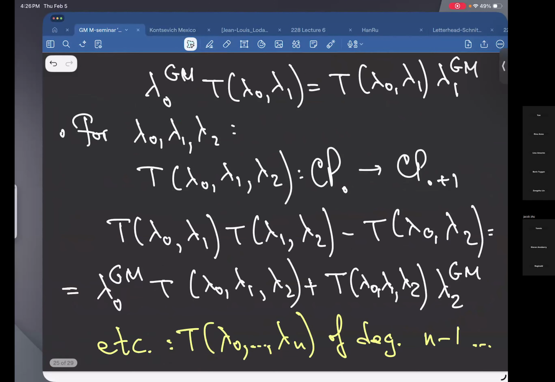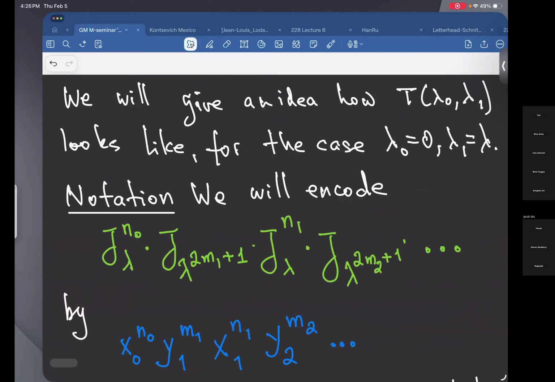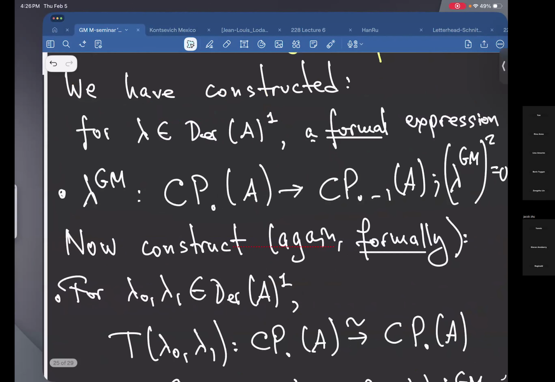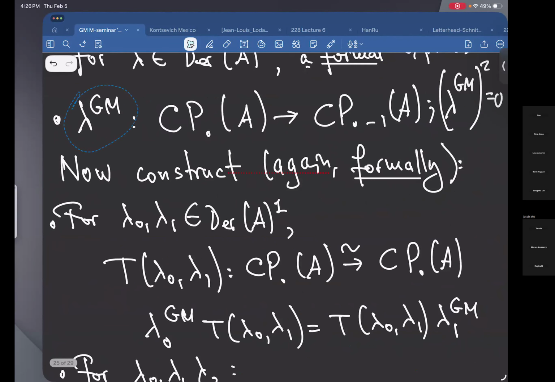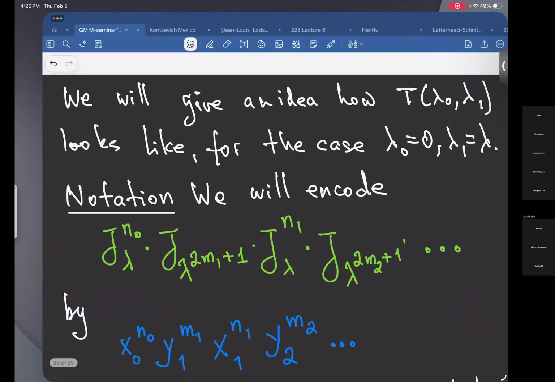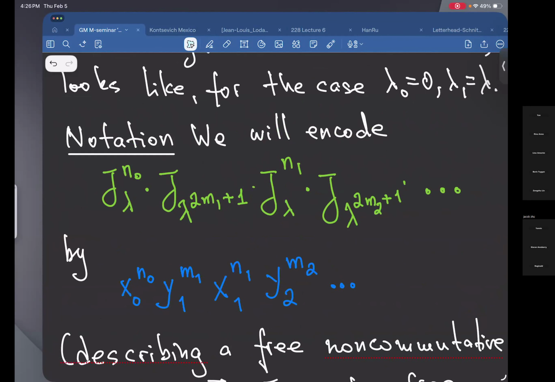So I would like at least to mention that those things, lambda gn and t lambda 0, lambda 1, they are given by formulas. And we have seen when we look at explicit formulas, then again, I would be very grateful if somebody could.